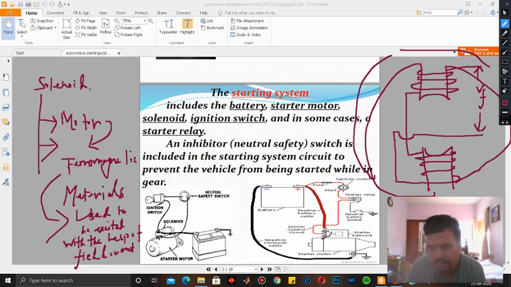Now these two poles are connected in series such that when current flows, suppose Vf is the field voltage that is given, and current passes like this.